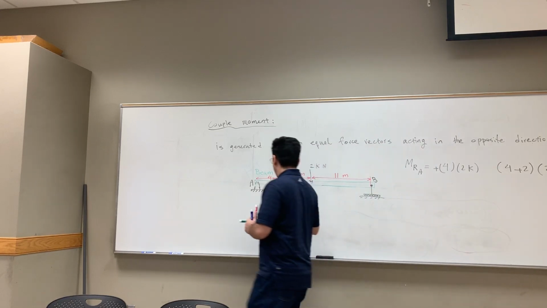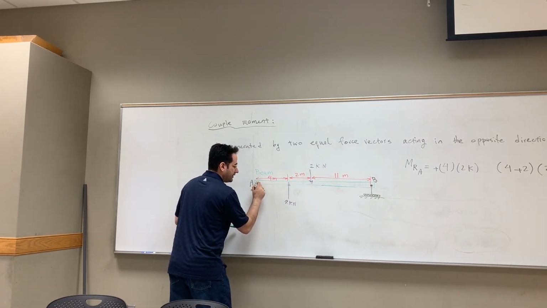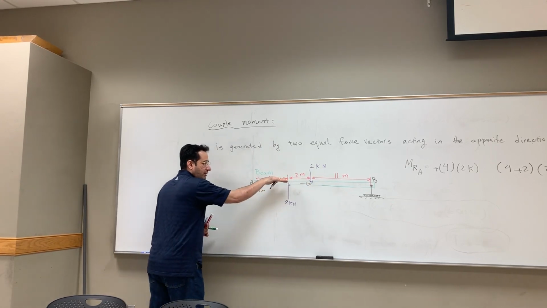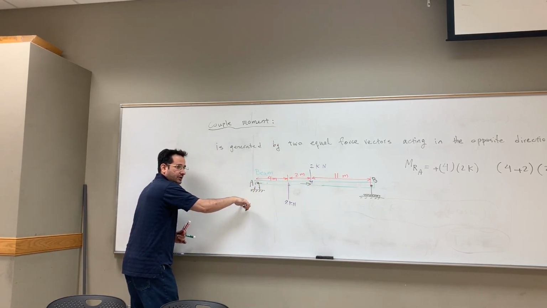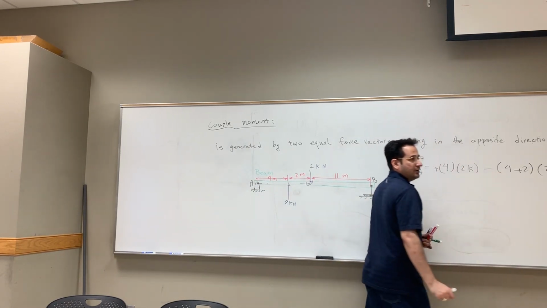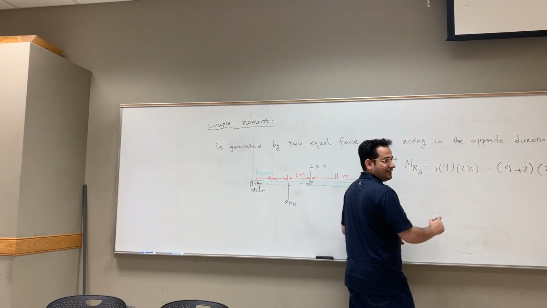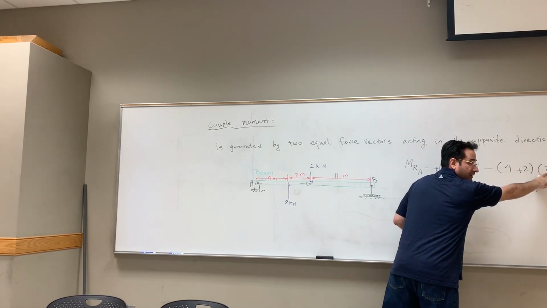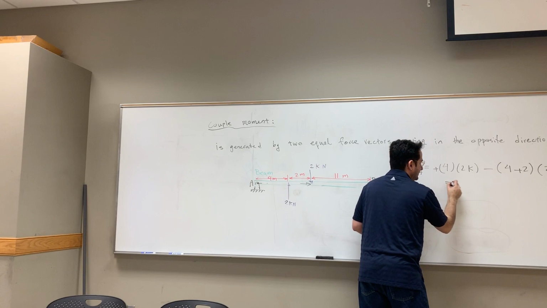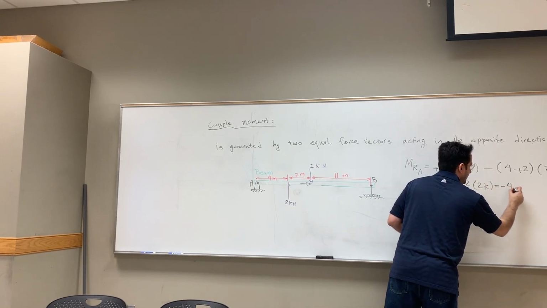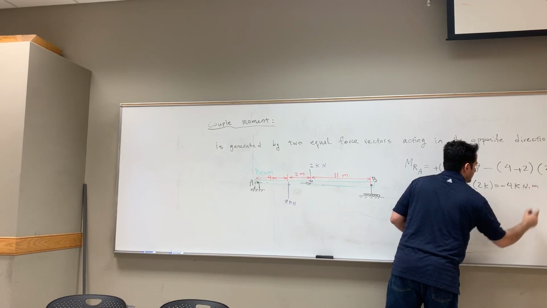You see, it's coming from the reference point to the point that force is acting. So R cross F, negative. So as you can see, this 4 times 2 cancels out with 4 times 2. So at the end I get negative 2 times 2K, negative 4K, Newton meter.